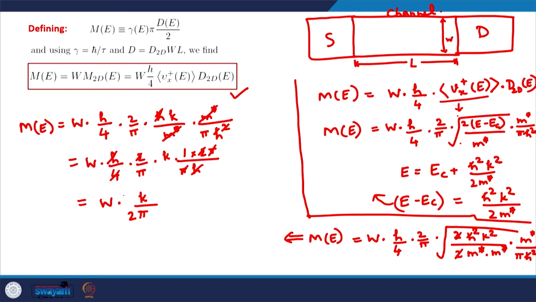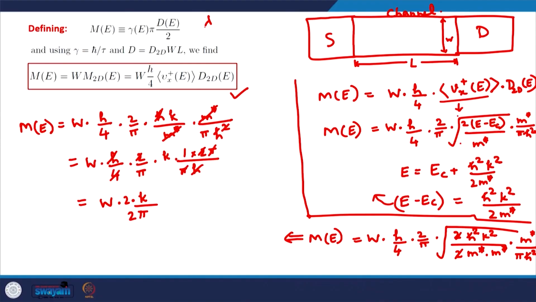So, if we divide and multiply by 2, this is what we get. Now, please recall from basic quantum mechanics that according to wave-particle duality, if the wave number of an electron is k, its de Broglie wavelength lambda b is 2 pi by k. Okay.